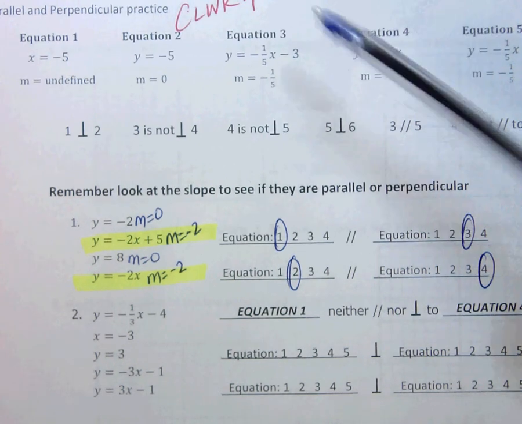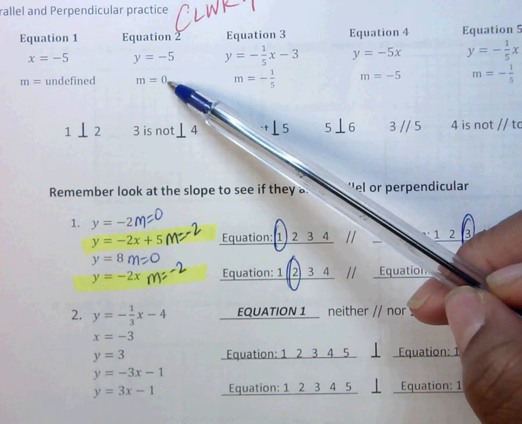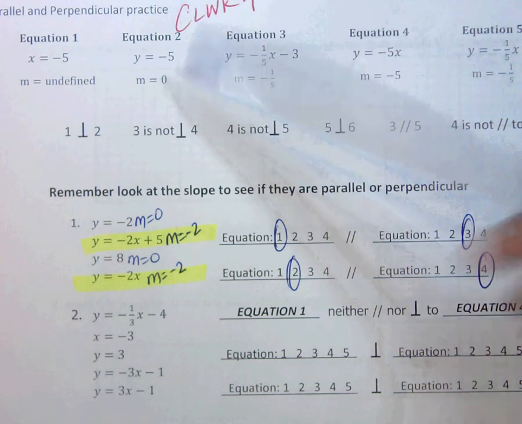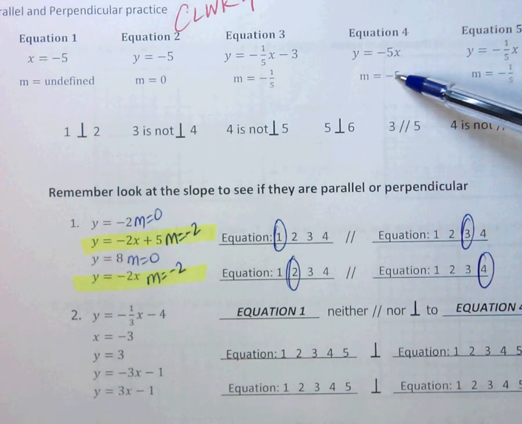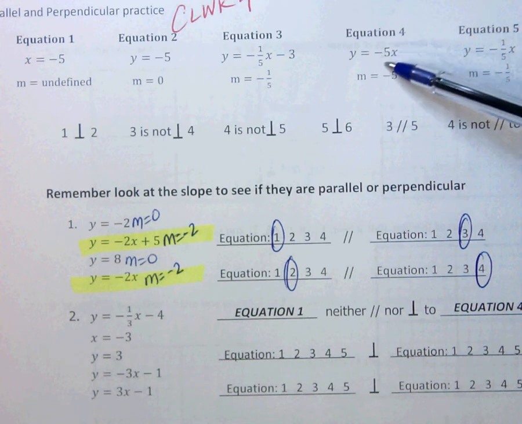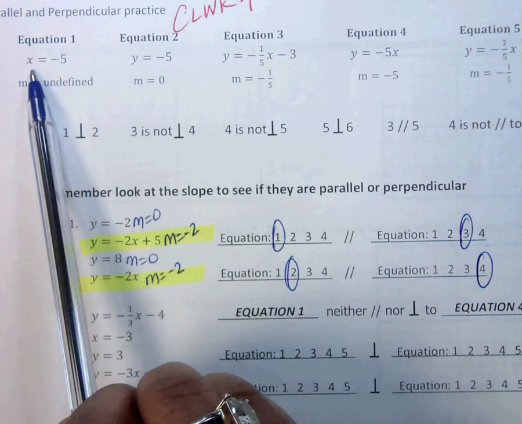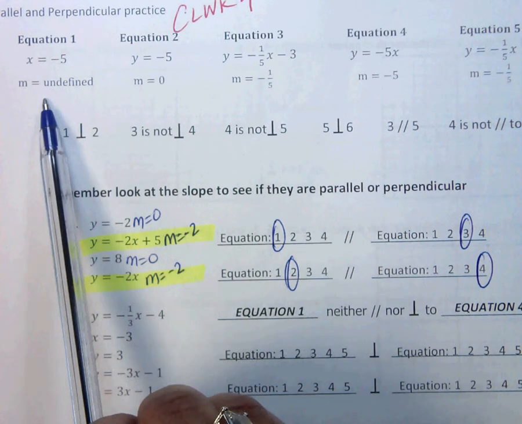Let's look again. I do not have an x on it, so my slope is 0. I do have an x on it, so my slope is -5. When the x doesn't sit next to what you think the slope is, and it's on the other side of the equal sign, like this one, that means the slope is undefined.